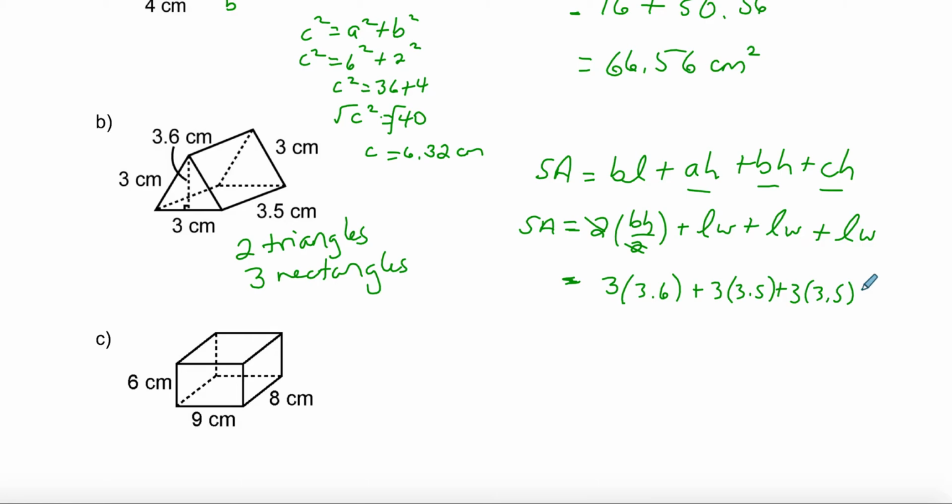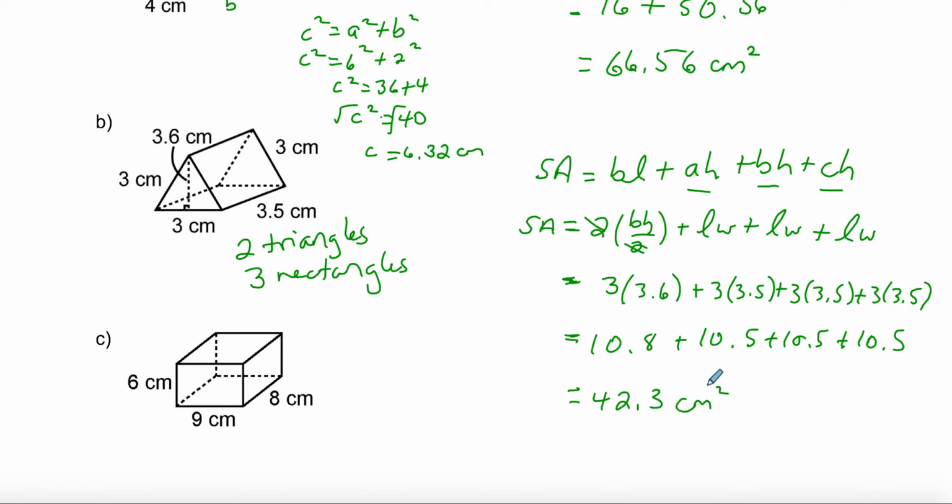So these kinds of shapes, you sort of have to peel them apart into all the separate shapes that you have. So now I have 10.8 plus 10.5 plus 10.5 plus 10.5. And my total surface area is 42.3 centimeters squared.